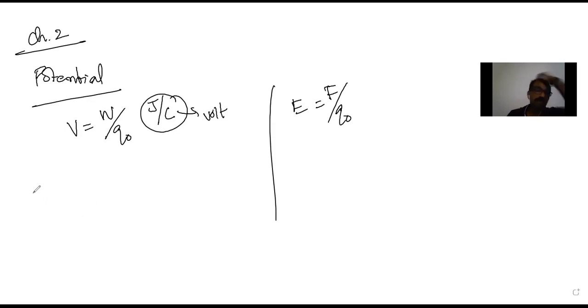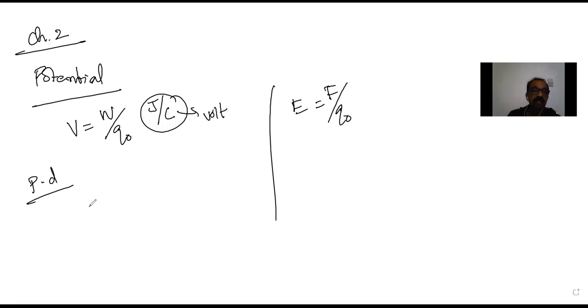Then we have a term called potential difference. Generally, potential difference is the work done to bring a unit positive charge from one point to the other. How about potential? It is the work done to bring a unit positive charge from infinity to the given point. That is potential. Potential difference is between any two points. Based on that we have an equation.